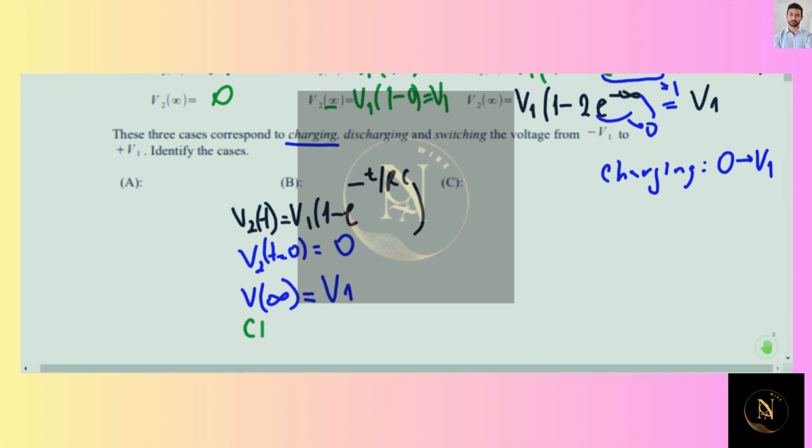So let's summarize it. Then discharging. In the case of discharging, voltage decays from the initial voltage to 0, which corresponds to the first case. So this is discharging.